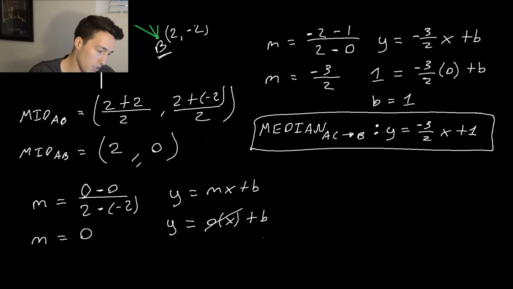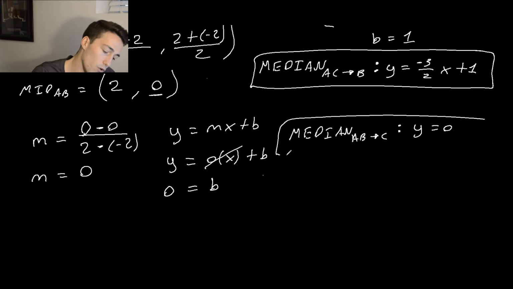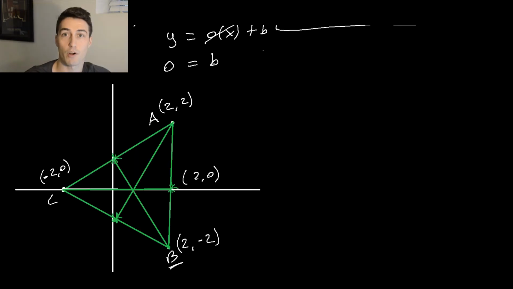So our y value, if we take our midpoint, is 0, and that's going to equal b. So the equation of the median line from AB to C is really just y is equal to 0. It's a horizontal line.